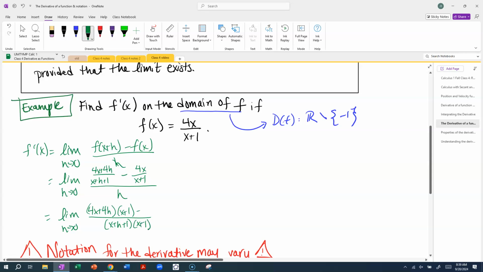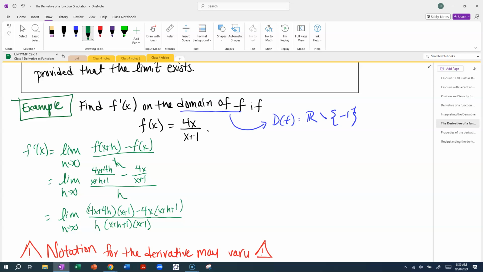And then subtract, and 4x would need to be multiplied by x plus h plus 1. And then that h, yes, it's in the numerator of the denominator, but if I change the division by a fraction to multiplication by a reciprocal, that h is actually still in the overall denominator. Verify it on your own, okay?